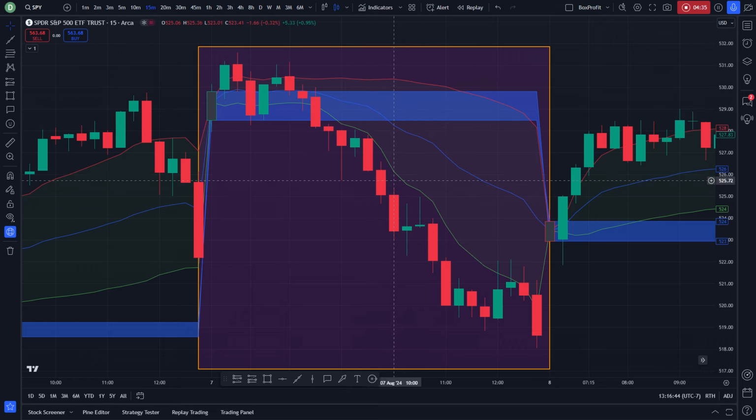What we want to do is, if we break below and everything else is above that red line, we definitely want to go bearish.